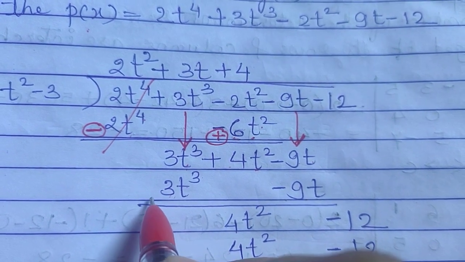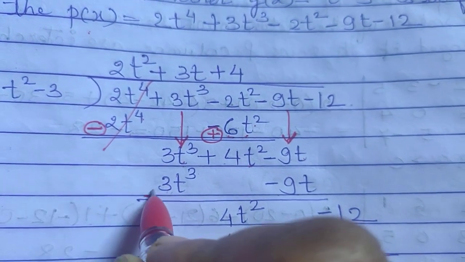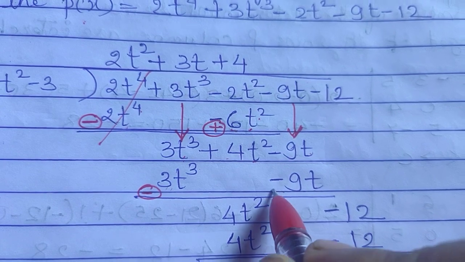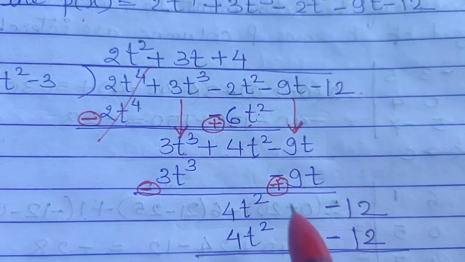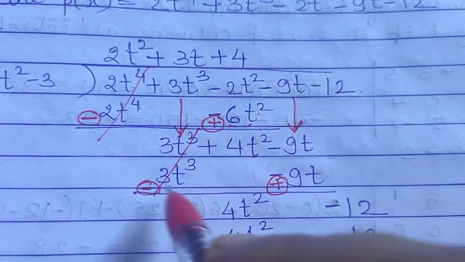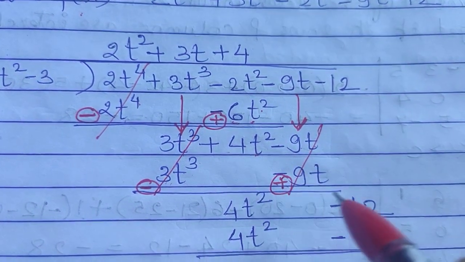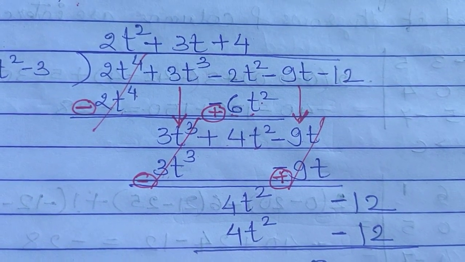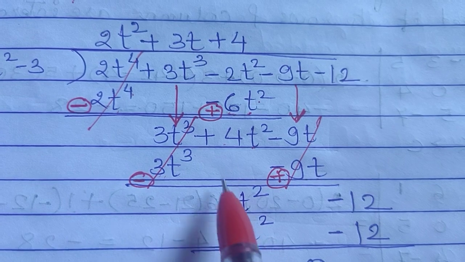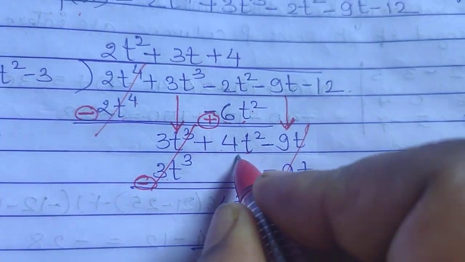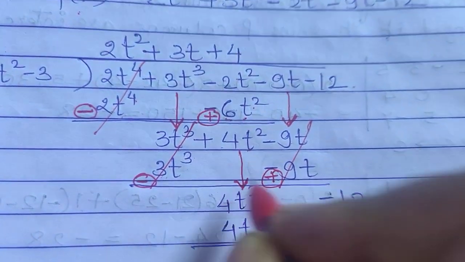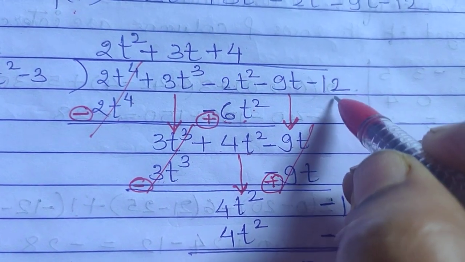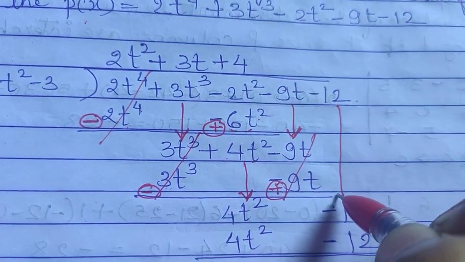Again change the sign, this will be negative, minus, change the sign here also, so plus. These are like terms, they are the same, and we can cancel them. Opposite terms, plus minus, will get cancelled. Write this 4t square as it is, and then I will take this minus 12 also down.